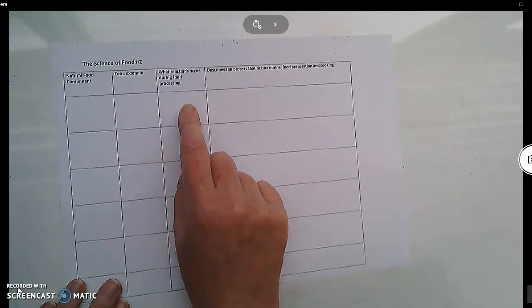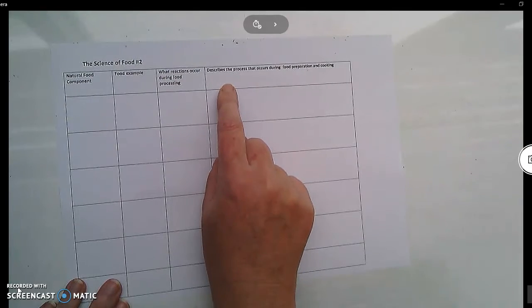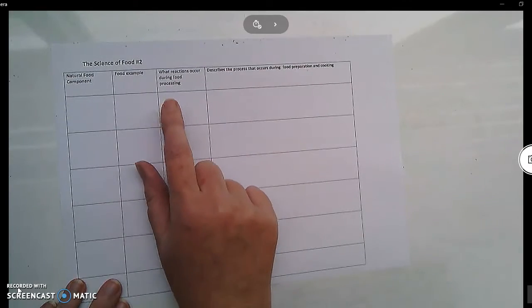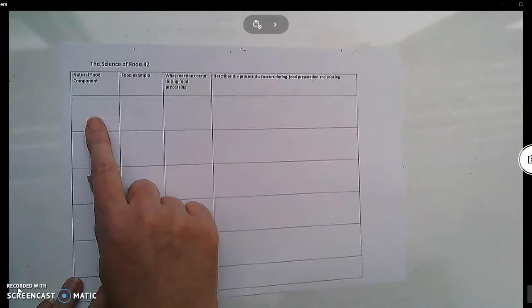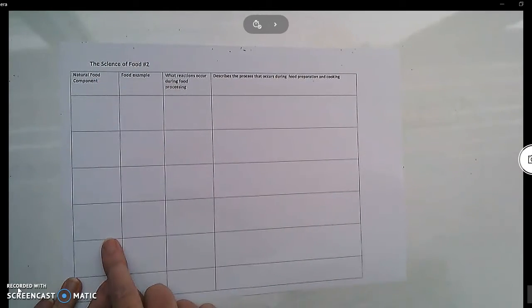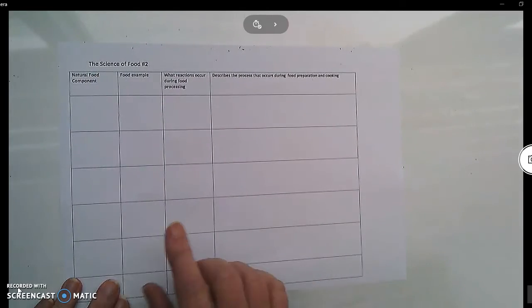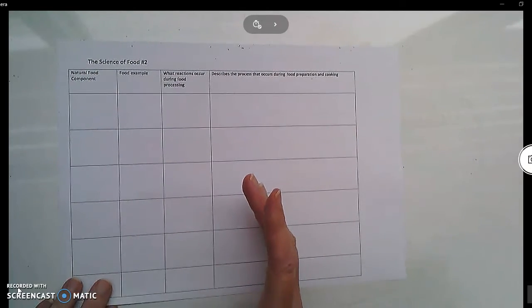There's dextrinization and there's gelatinization, but they require different conditions. And I'll go through that in a little bit more detail when we talk about starches. So if you have this sheet filled out properly with all your natural food components and your descriptions, you've got a nice summary of all what's happening in Chapter 5.